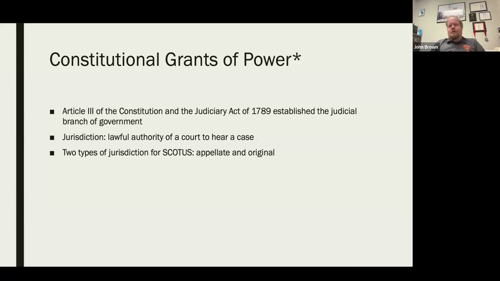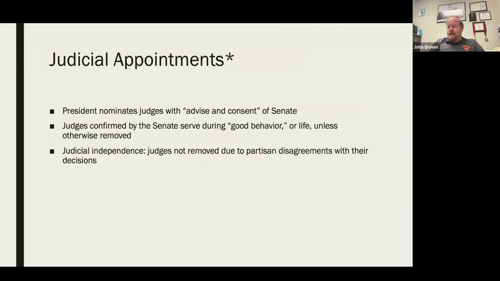No other court, no lower court hears the case. These are not super common, but typically they involve cases involving foreign dignitaries and disputes between states. The vast majority of cases that get before the Supreme Court get there through the appellate process, but a few do get there through the original process.